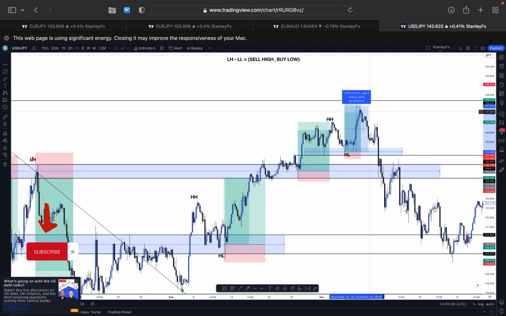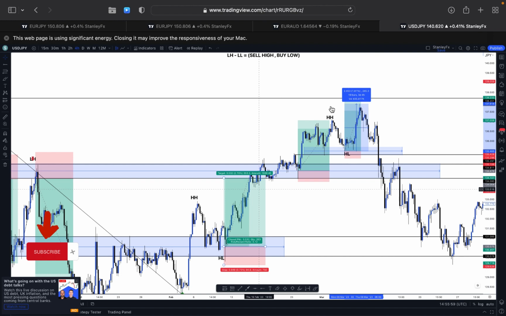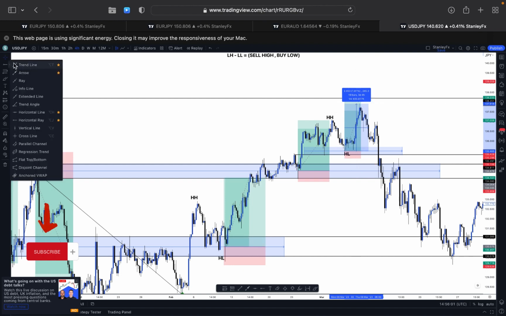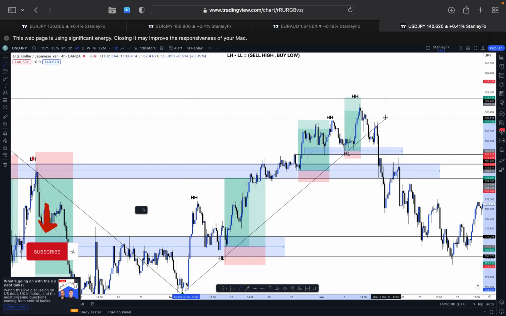So we had 400 plus pips, and from there we can see the market came back down with a strong selling opportunity, which tells us that this bullish trend ended at that particular point.